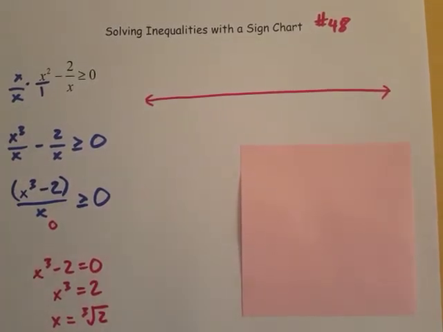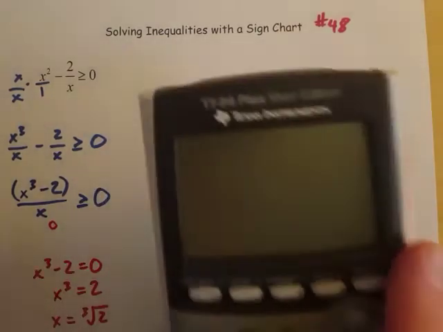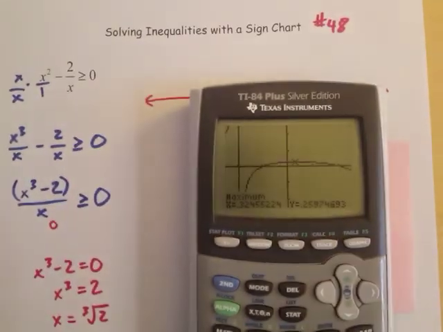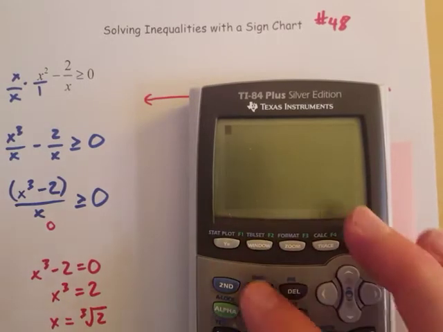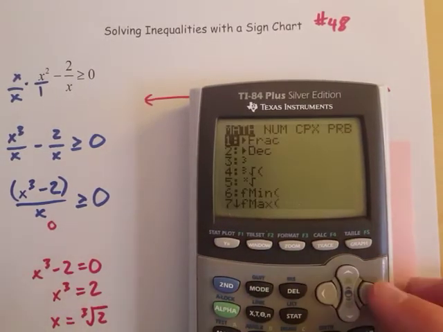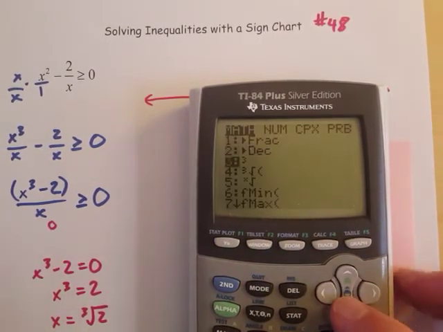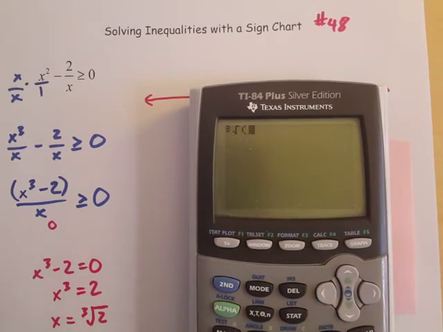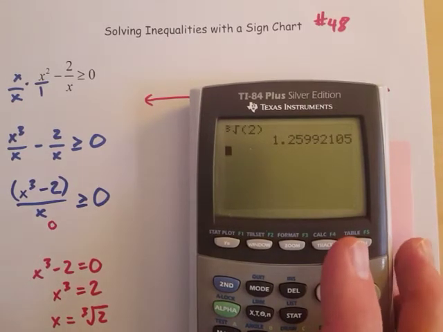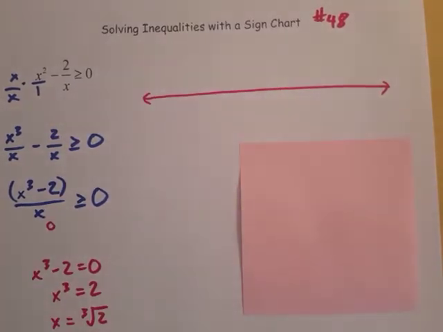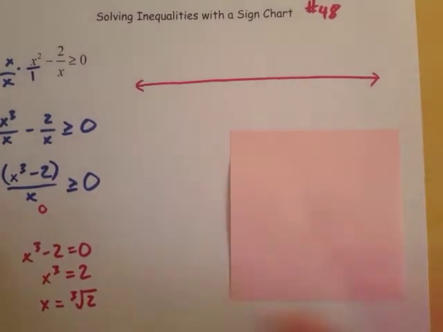Now, you might be wondering, well, what is cube root of 2? The calculator can do cube roots for us. So just a reminder of where that is. If you go to math and down to number 4, there's cube root. So that's cube root of 2. So we got approximately 1.26. We'll keep that in mind as we're graphing this, as we're walking through this.